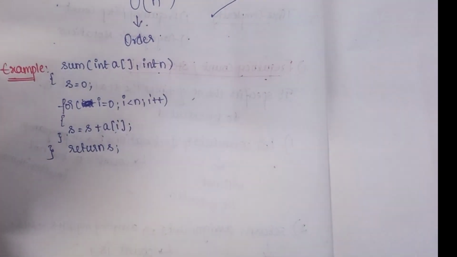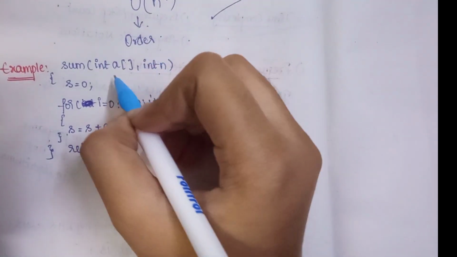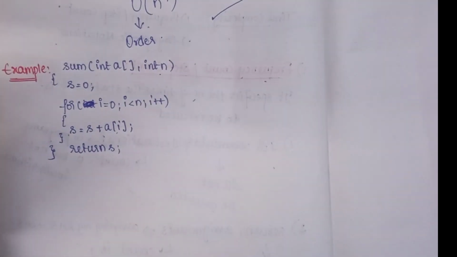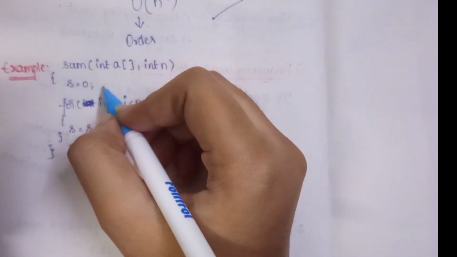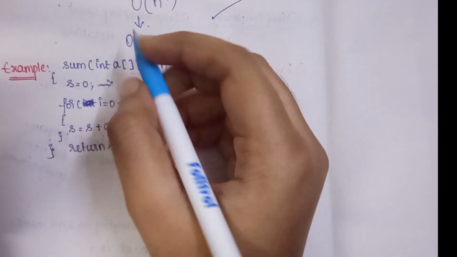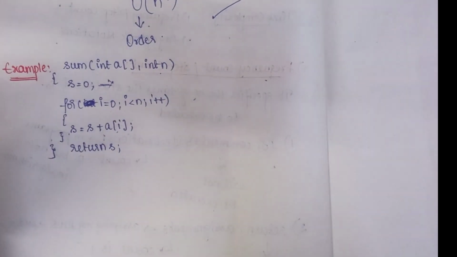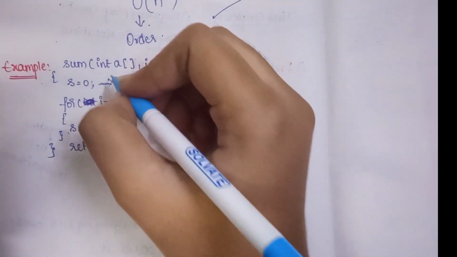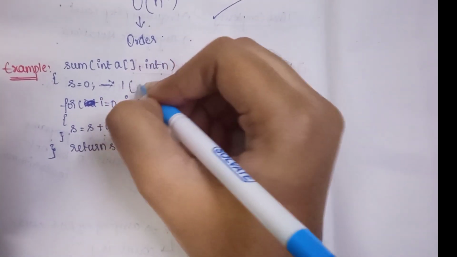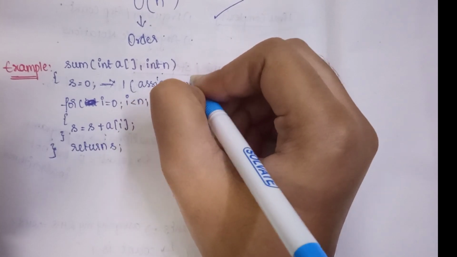Now how do you calculate the time complexity? In the first statement, you are assigning a value to s. According to our second rule, whether it is a return statement or an assignment statement, the count will be 1. So for this, my count is 1 because it is an assignment statement.